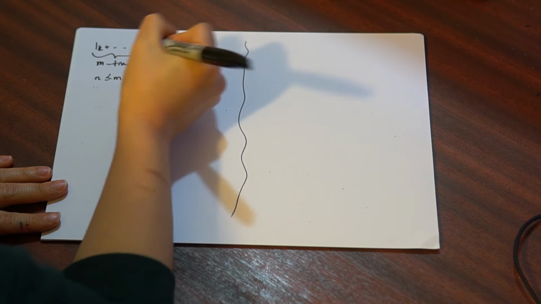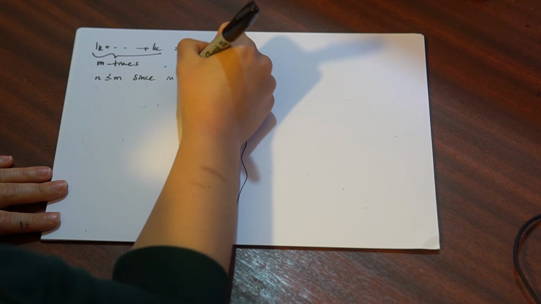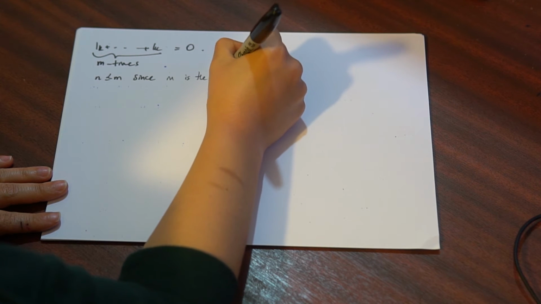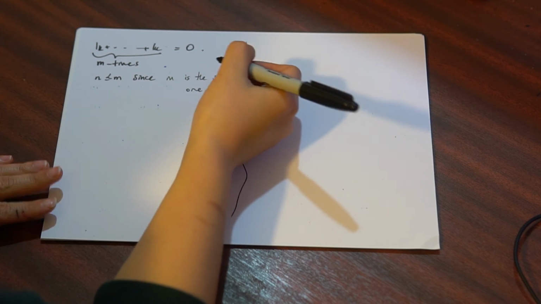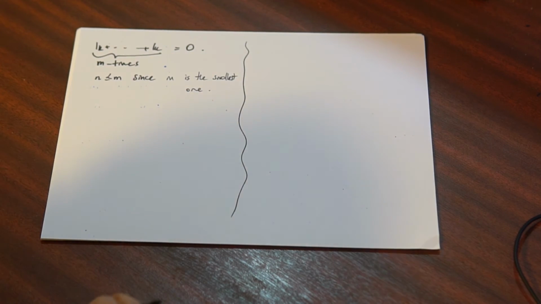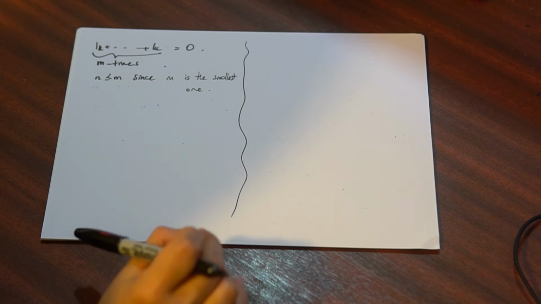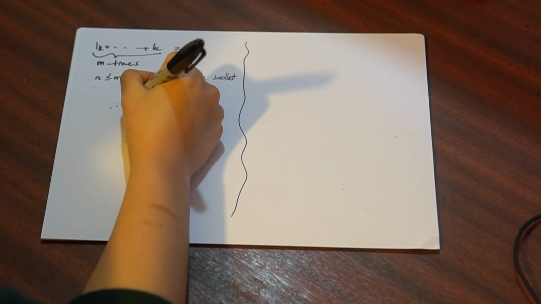So n is less than or equal to m, since n is the smallest one. So for case 2, we show that if the characteristics of K and L are non-zero integers, then they must be equal.